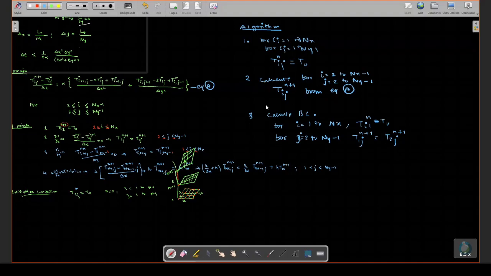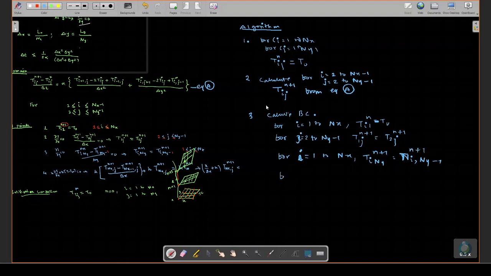Then you can have for i running from 1 to nx, you have to calculate T(i,ny)^(n+1) equals T(i,ny-1)^(n+1).